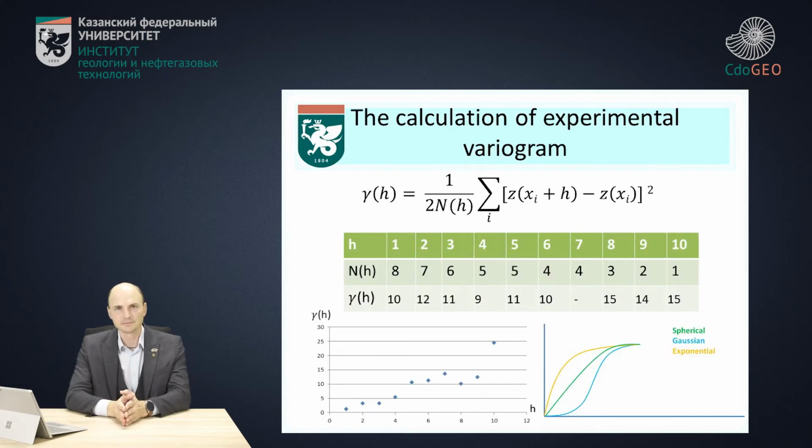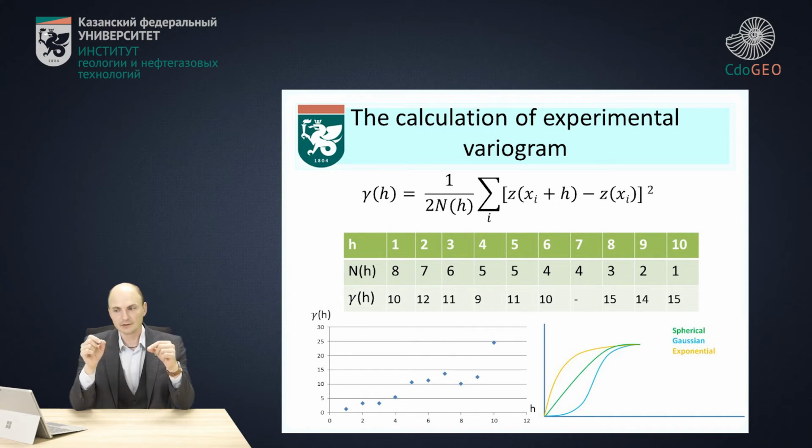So what are we going to do? We're going to take our experimental variogram and approximate it with one of our theoretical functions. Let's look at our experimental variogram. As you can see, in the very beginning it's nearly flat. The values are really small.